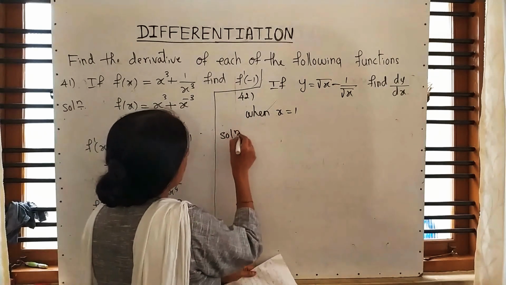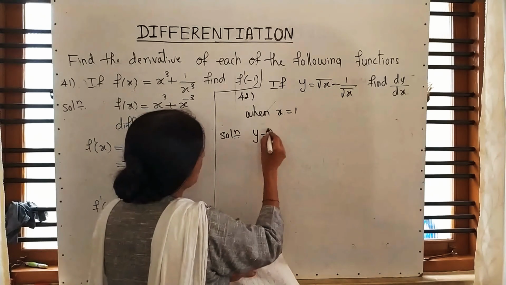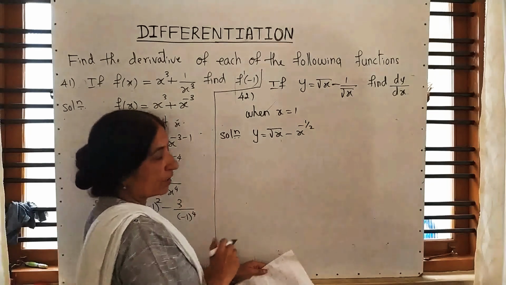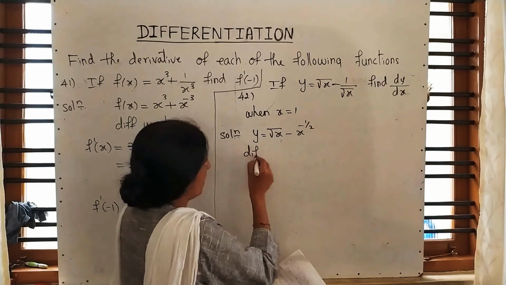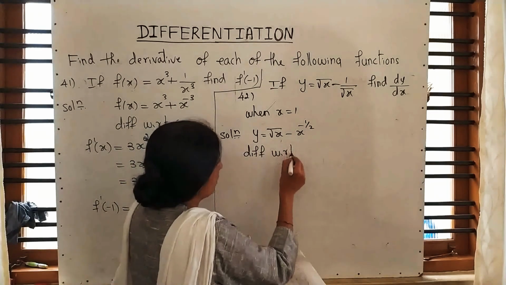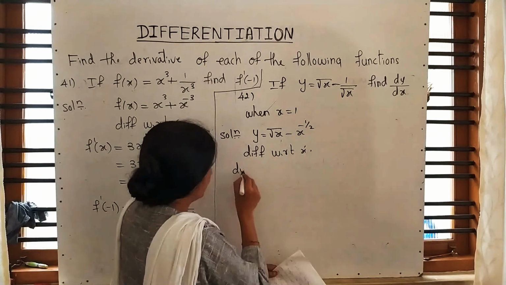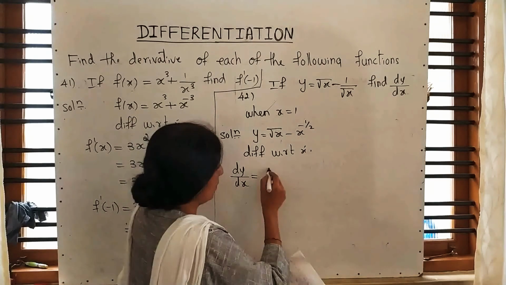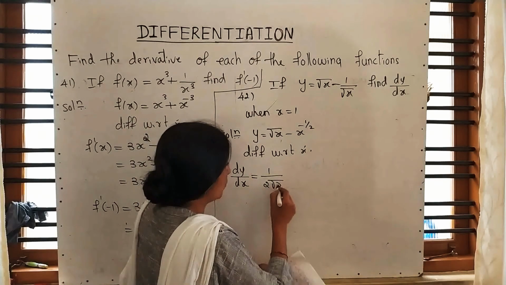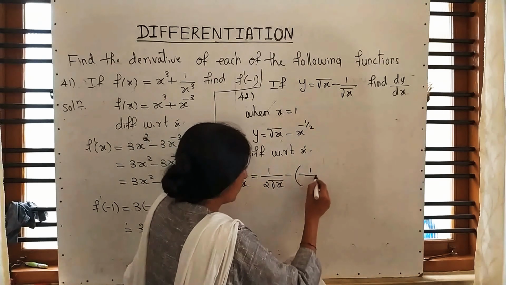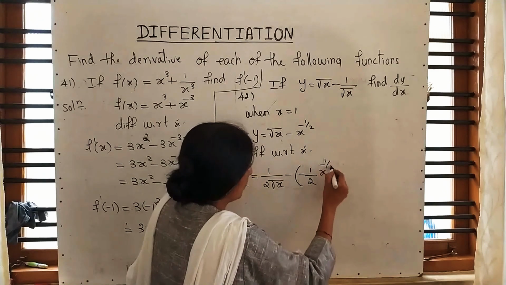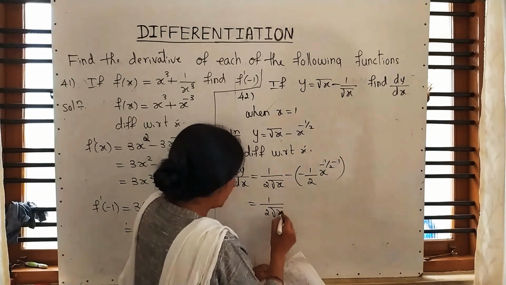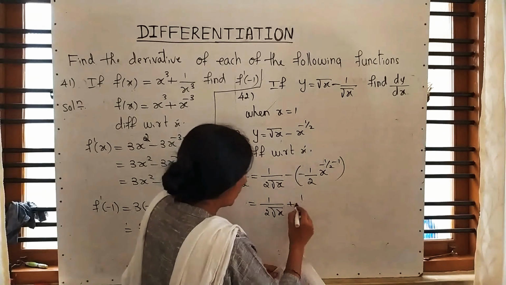So the given problem I wrote as root x minus x raised to minus half. That root x I took in the numerator. Differentiating with respect to x. Yes. Have you remembered what is the differentiation of root x? 1 by 2 root x minus, this is minus 1 by 2 x to the power minus 1. This is minus into minus plus.